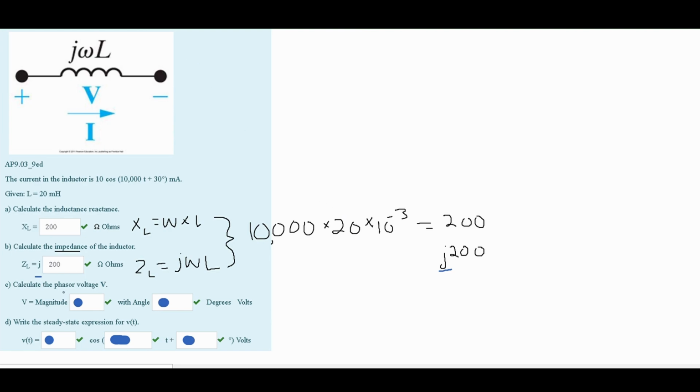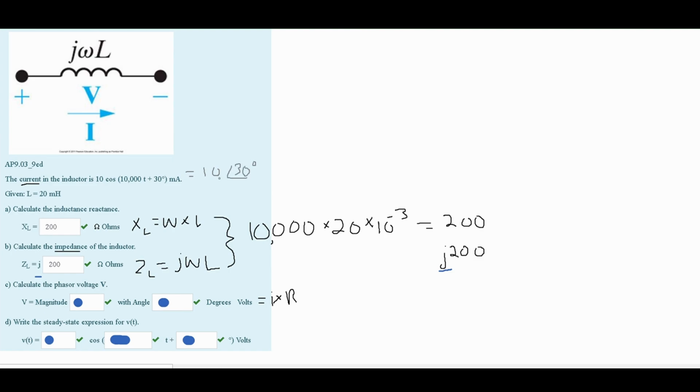Now we need to calculate the phasor voltage for our V. We are calculating voltage, so we know that this is going to be our current times resistance, or impedance. We're going to say resistance here, but we really mean any form of impedance. We know that the current is given to us up here, so we are going to set it equal to a 10 with an angle of 30 degrees.